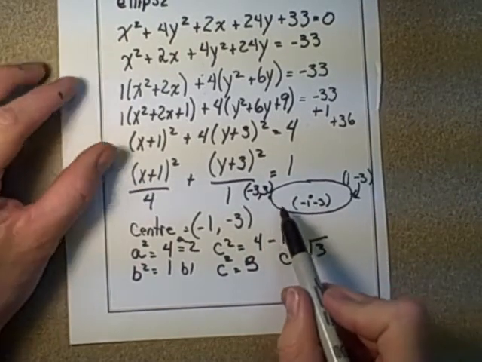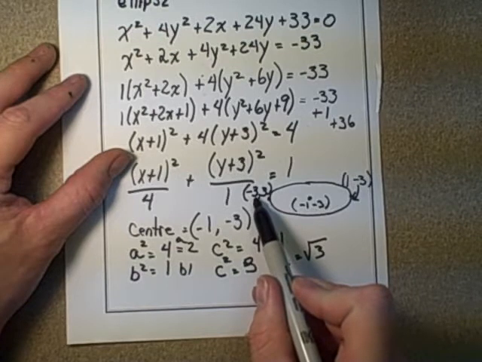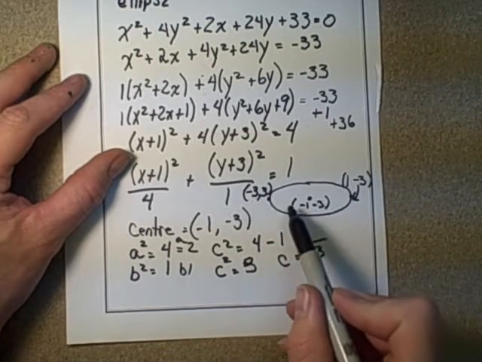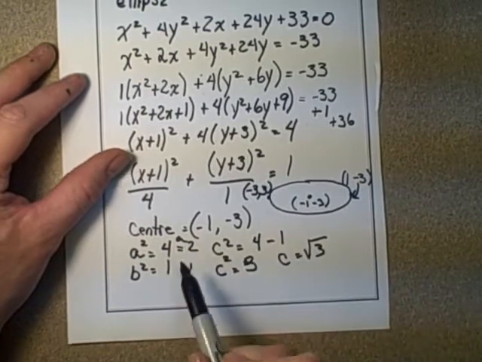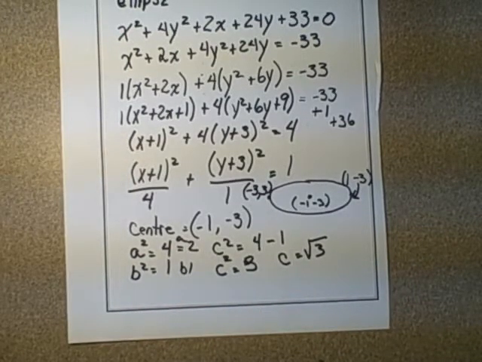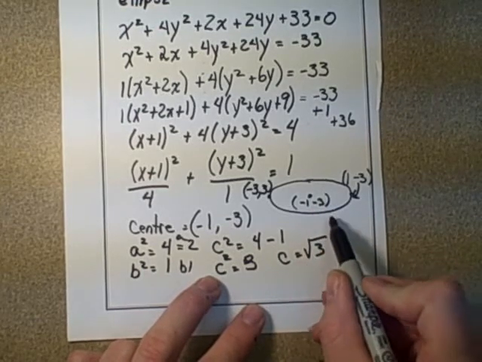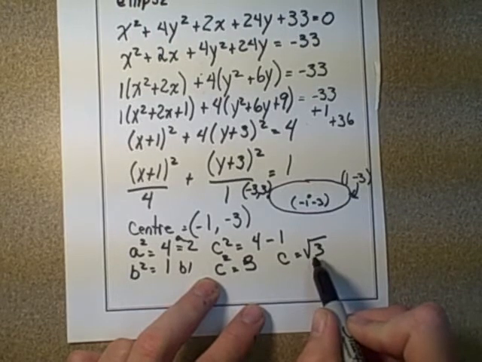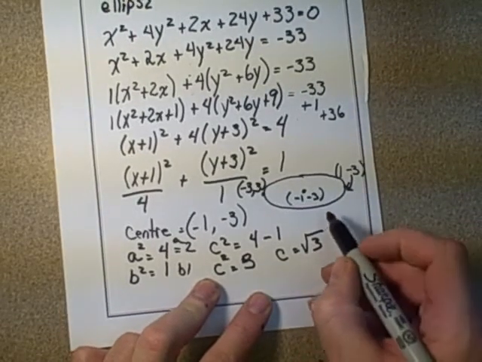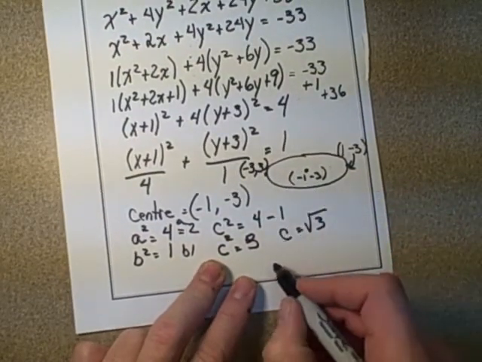And then we can tell that the length of the major axis is from the -3 to the 1, so that's 4, or twice this. And to find the foci, they are C away from the center. Because it's √3, it's a little bit weird, so it's just -1 plus √3 that gives us the foci. So our 2 foci, I'm going to write them down here.